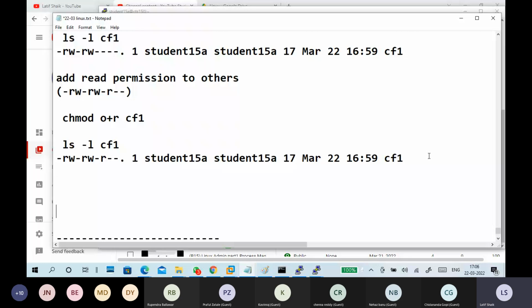No problem. chmod, I want to remove, the question is again, yes, replacement is good. So here it is: replace other permission.